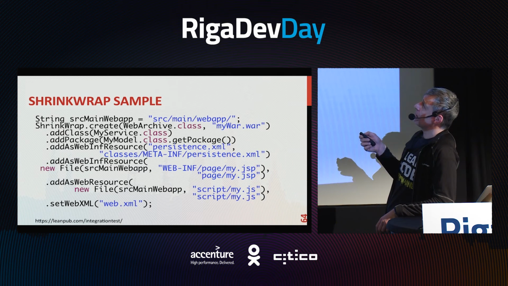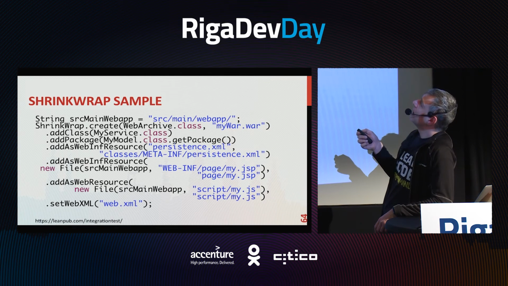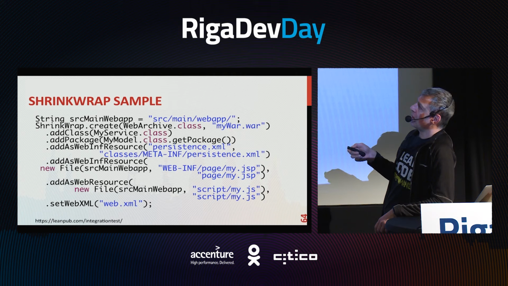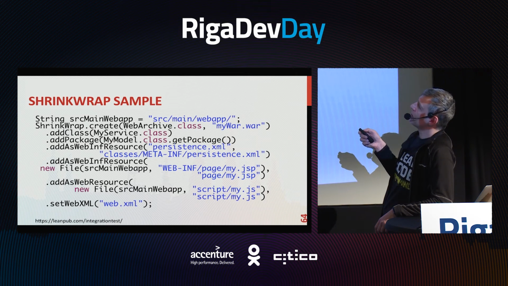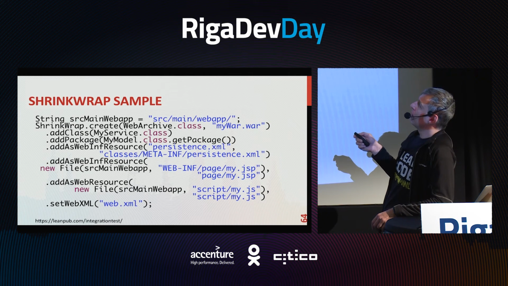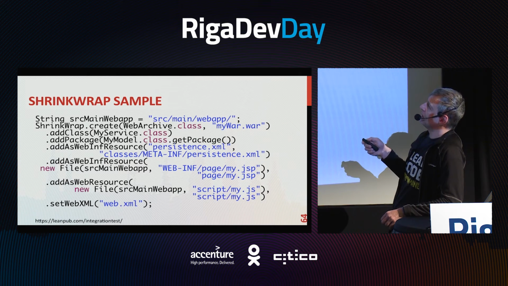So here you say that you want to create a war. You name it mywar.war. You add this class. You add every class that is under this package. Then you add the persistence.xml into the WEB-INF folder. It has to be put into this folder.